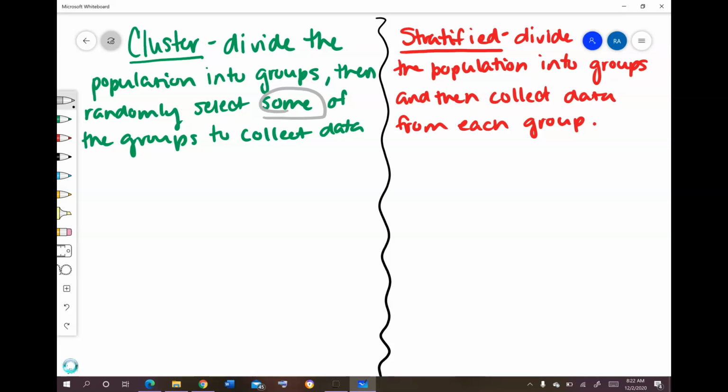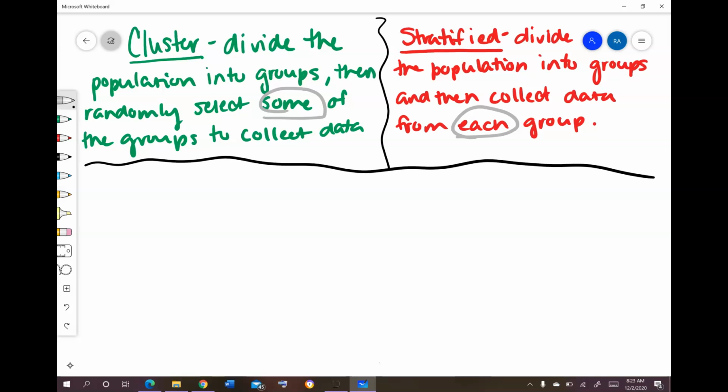Stratified also divides the population into groups and then collects data from each group. For example, say we divide the high school students by grade level. Let's do the same scenario and show the difference.